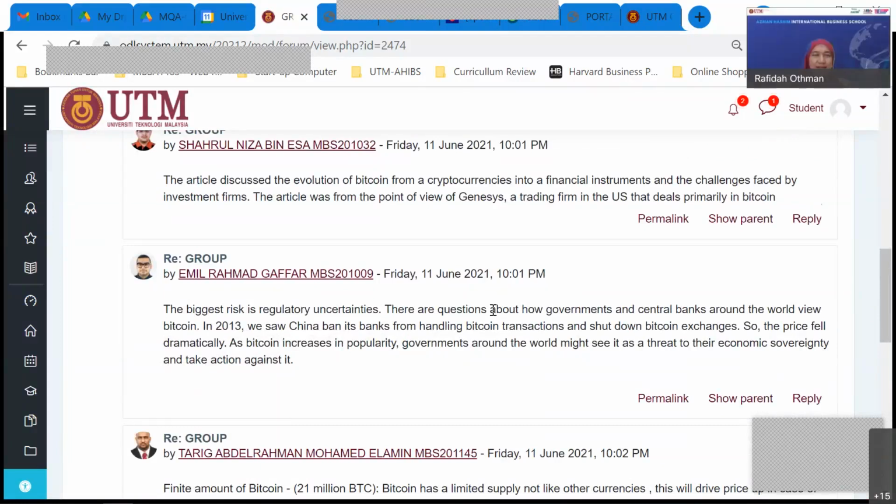Yes. So basically, the article that we were looking at was about the evolution of Bitcoin, how it evolved from being a cryptocurrency to now being almost accepted in the mainstream financial market. It follows the journey of a company called Genesis that deals with Bitcoin, and the challenges they faced initially when people wanted to buy Bitcoin and didn't know how to start.